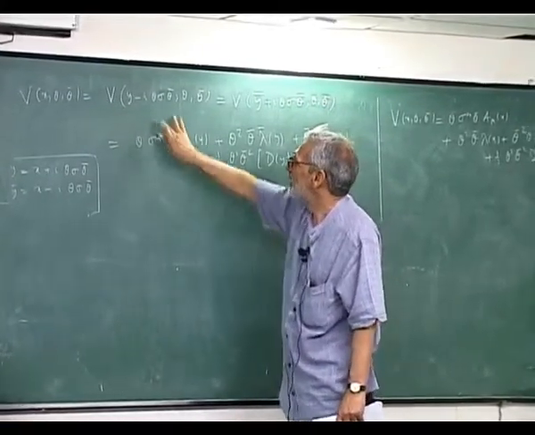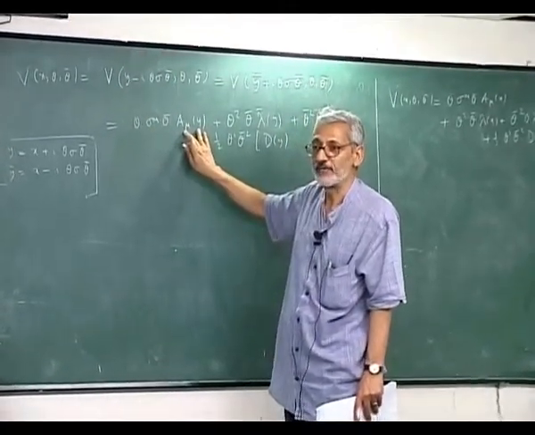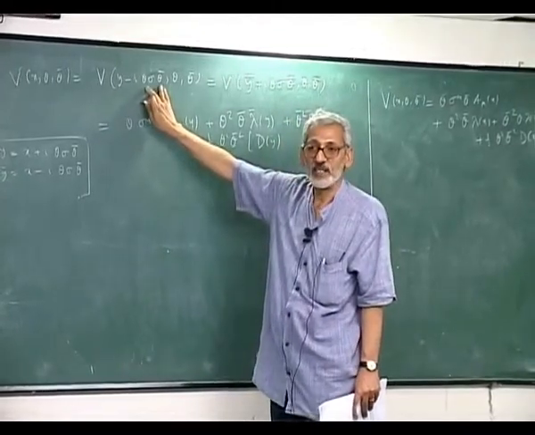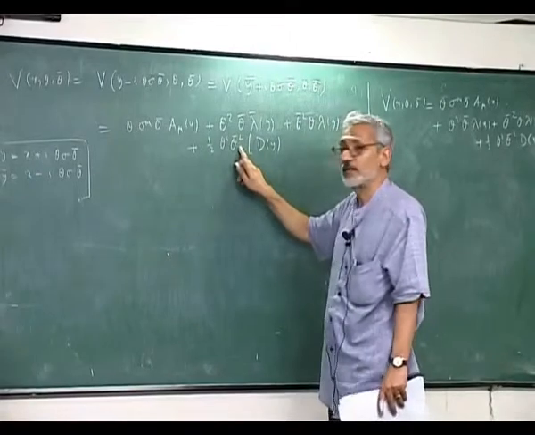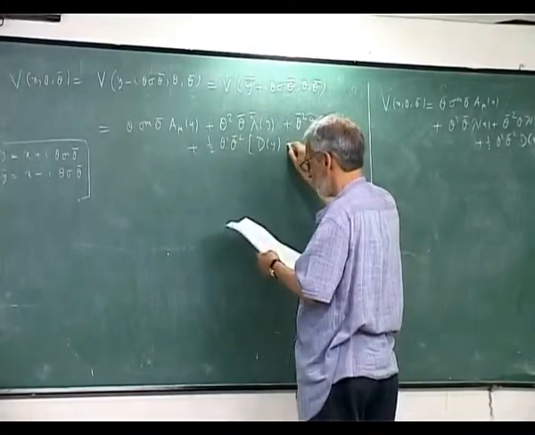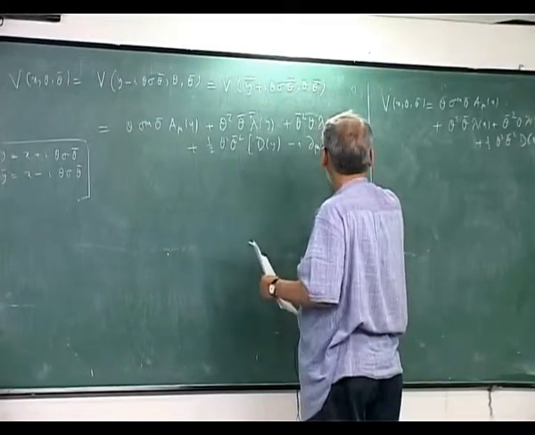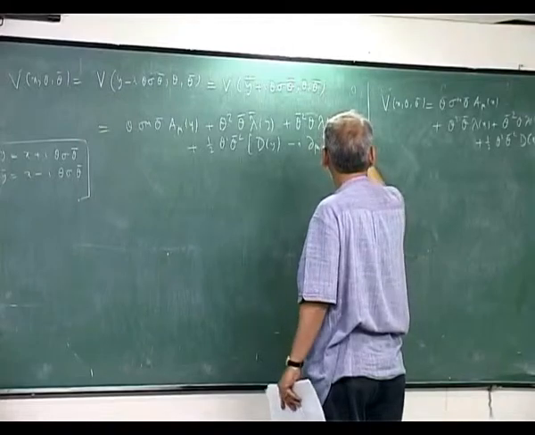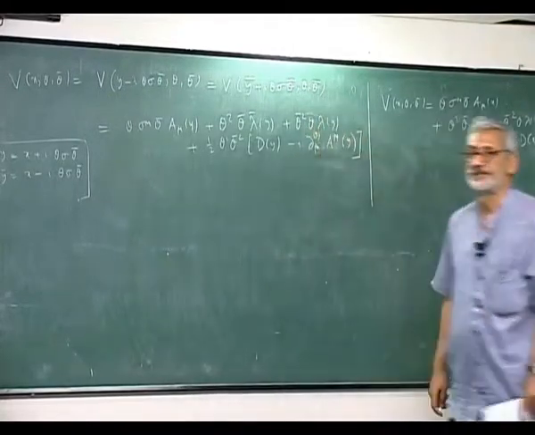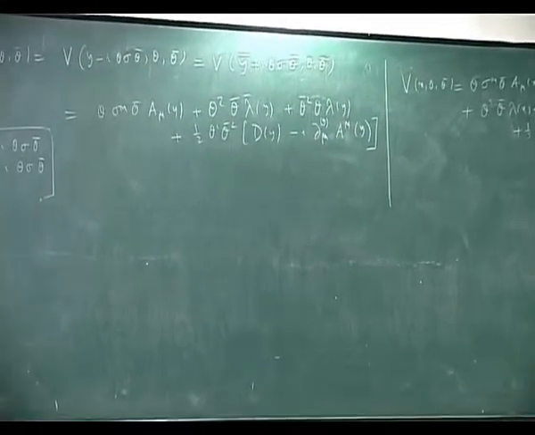So I'll get this times the derivative of A. This times this, by phase rearrangement, is again a theta square theta bar square term, and therefore I have a minus i derivative of mu of A mu of y, and this is a derivative with respect to y. Is that clear?